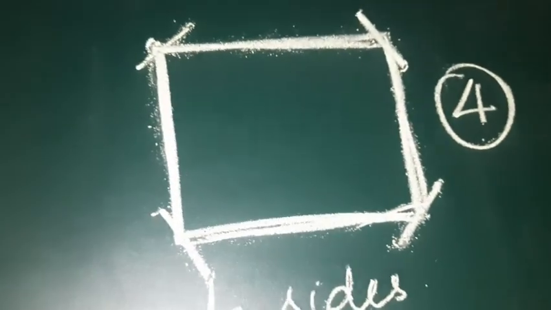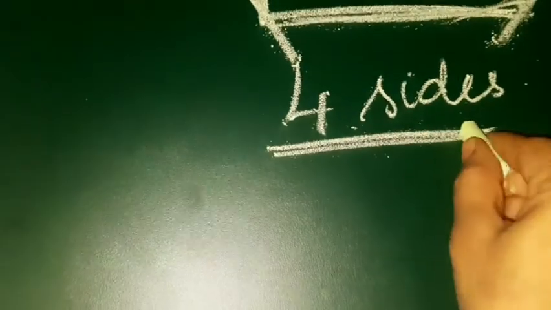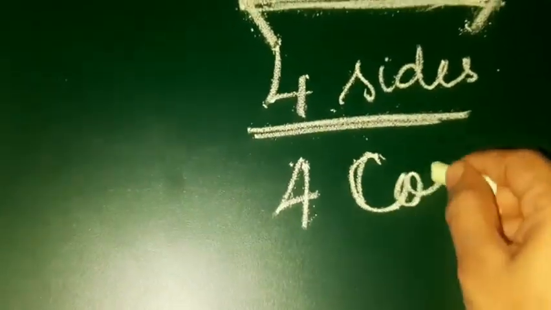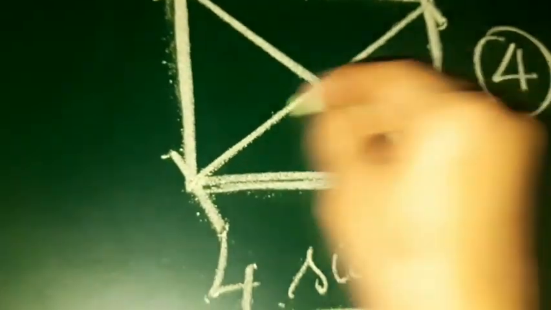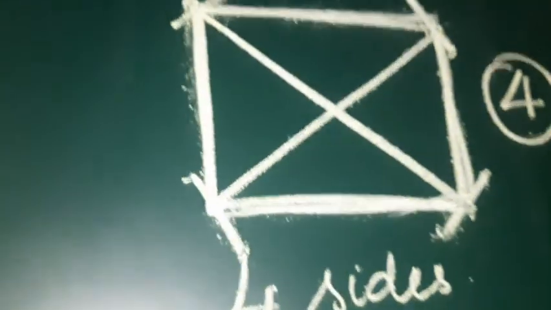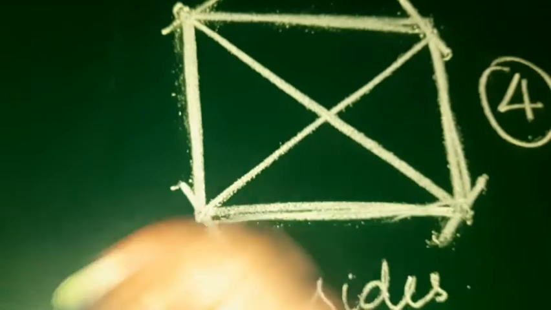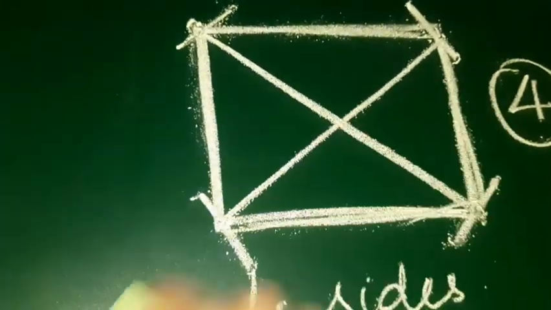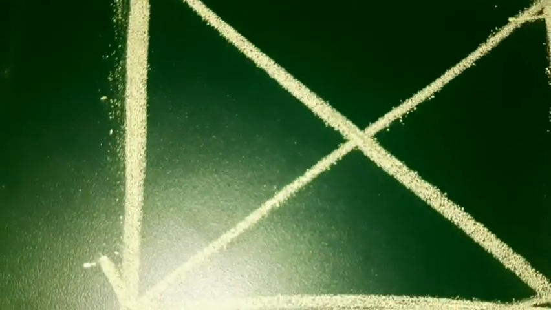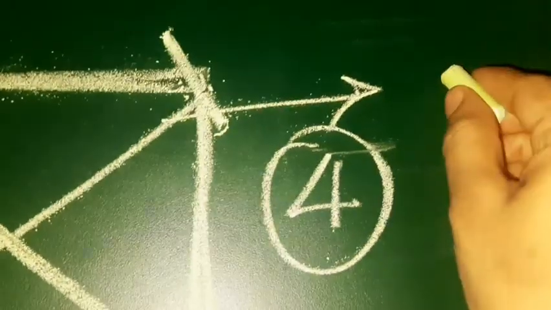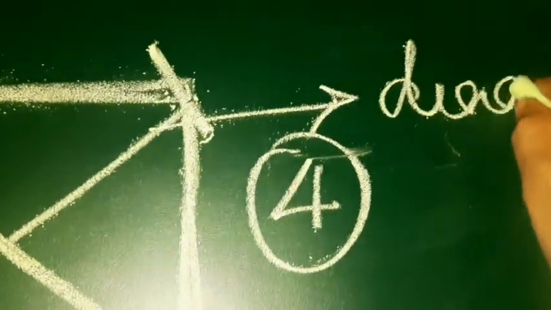So a quadrilateral has 4 sides and 4 corners. We use 2 lines in order to join the corners of the quadrilateral. These lines are called diagonals.